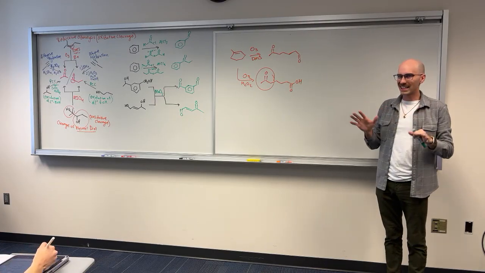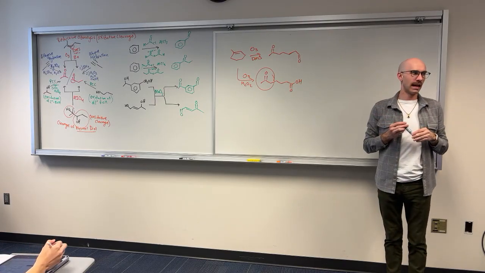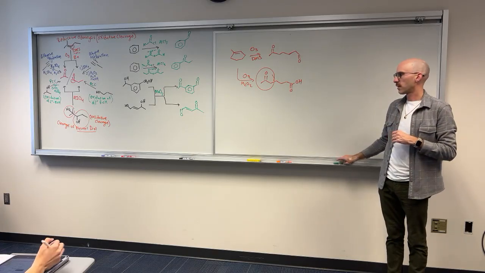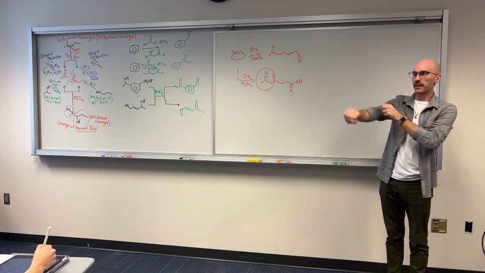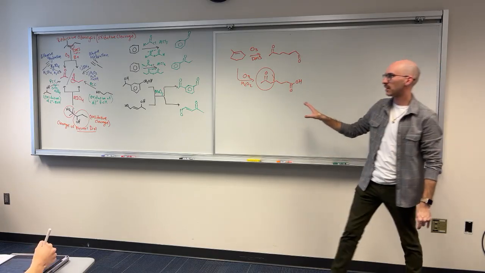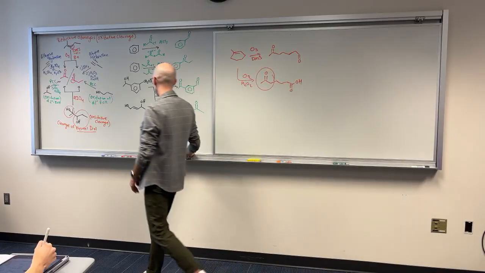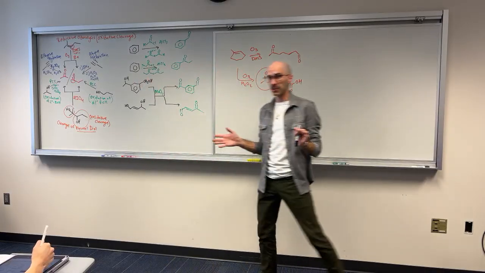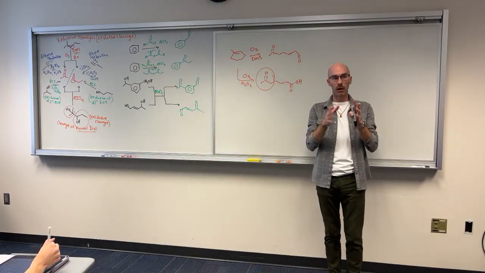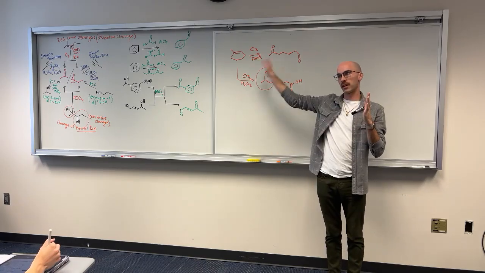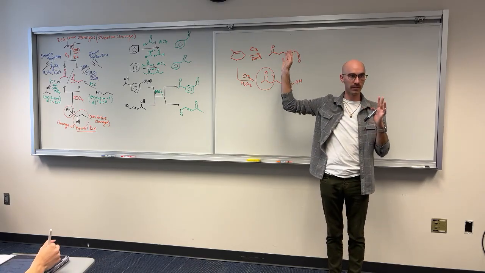All right, there's one last way to make aldehydes and ketones. It's a specific aldehyde. We haven't seen it anywhere on here. Most aldehydes are the same. It's a primary carbon, so it's got some carbon chain connected to it.